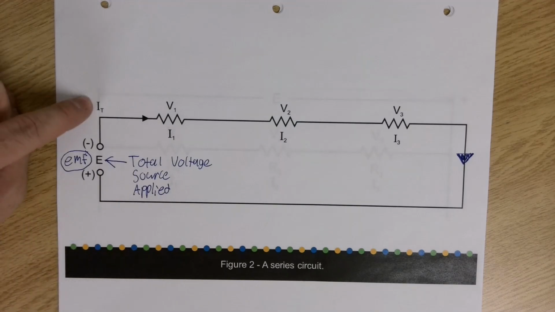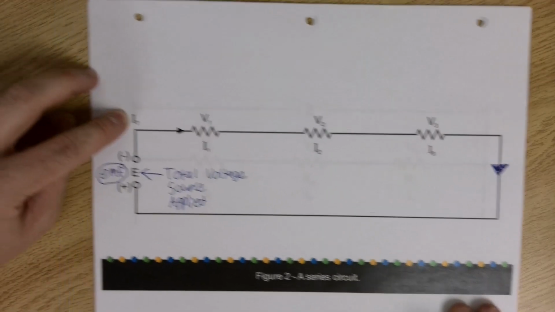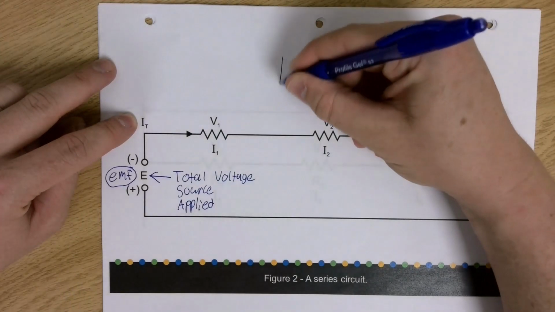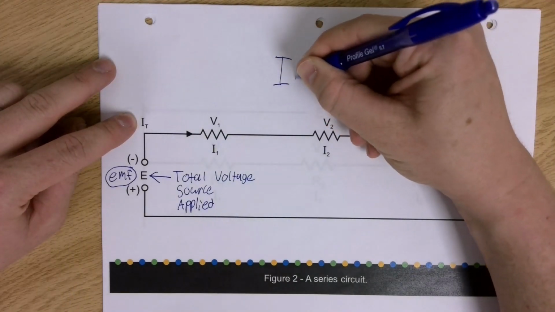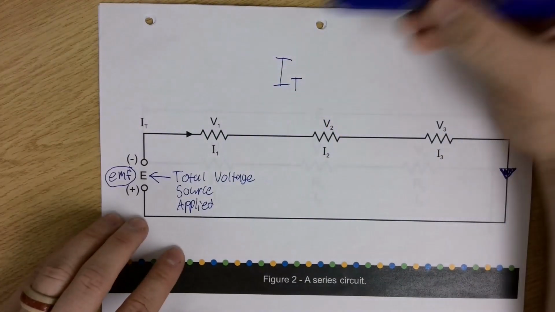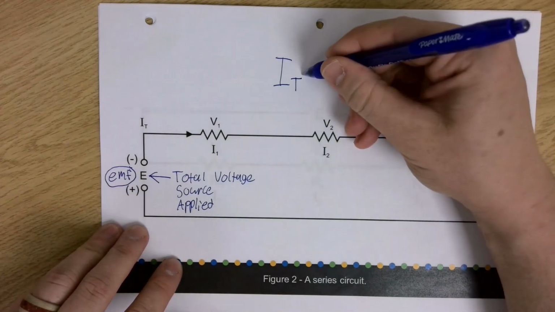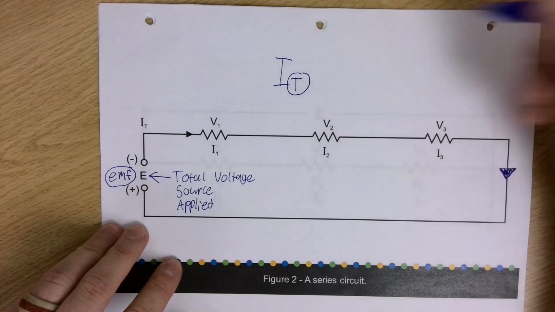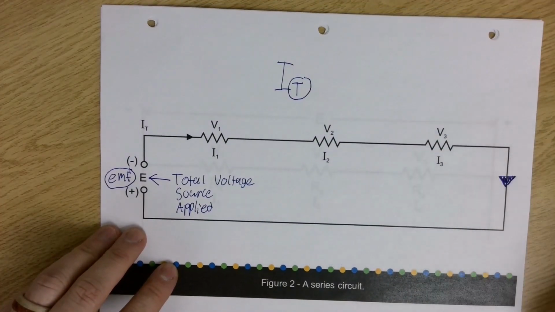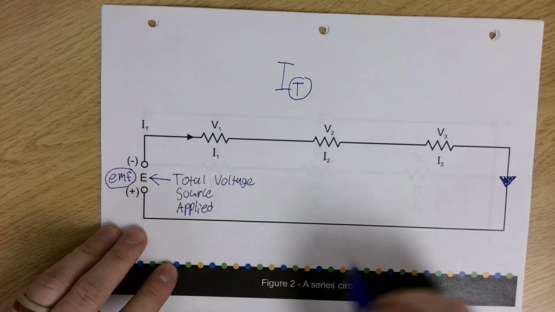The IT, or write this bigger, also known as the I total. So the I is our variable for current. And this T is called a subscript. It's just saying which I it is. So that's the I total.